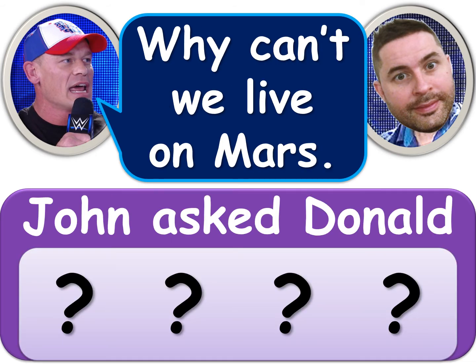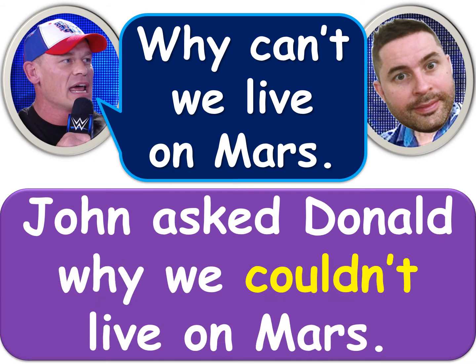Here's another question John has for Donald. Why can't we live on Mars? So John asked Donald, finish it. Do you know how? Why we couldn't, so can't turns into couldn't, live on Mars. John asked Donald why we couldn't live on Mars.